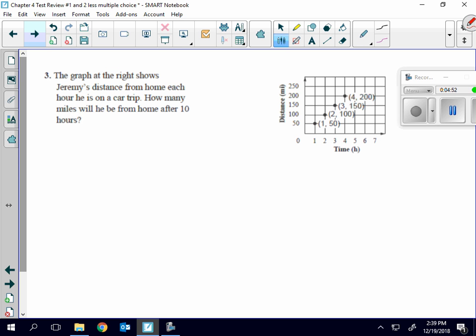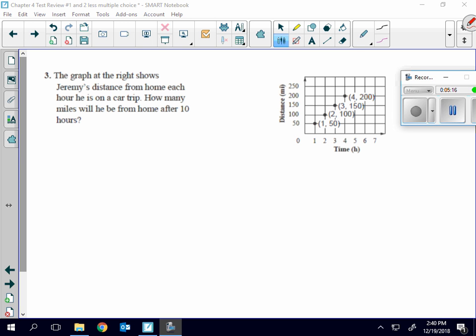Number 3. The graph at the right shows Jeremy's distance from home each hour he's on a car trip. How many miles will he be from home after 10 hours? So we have a graph which we can get an equation from. Okay, so look at these points.